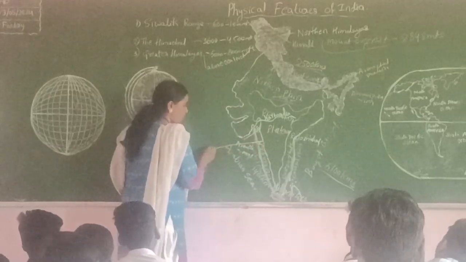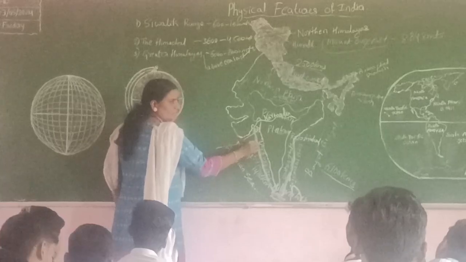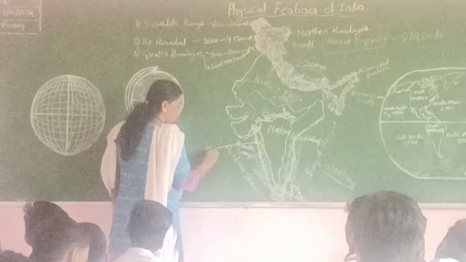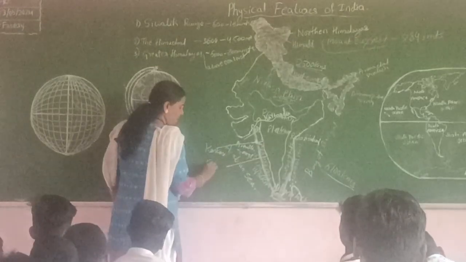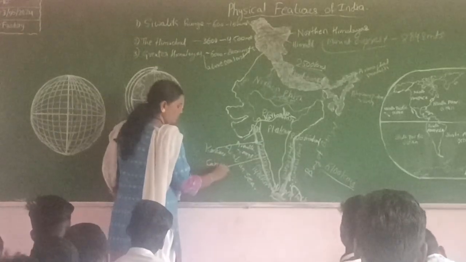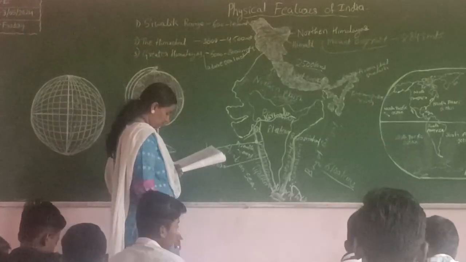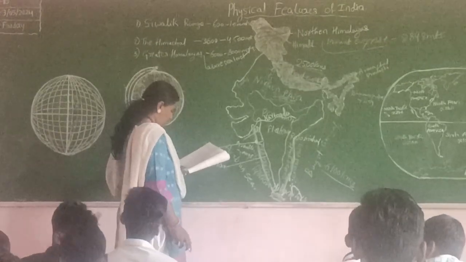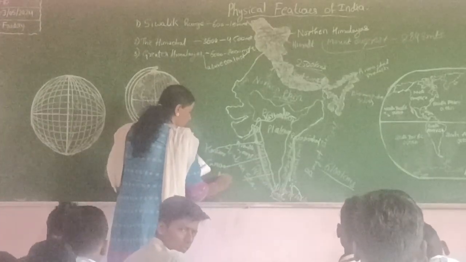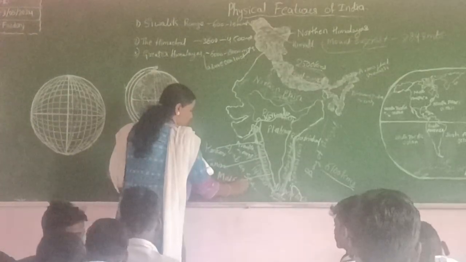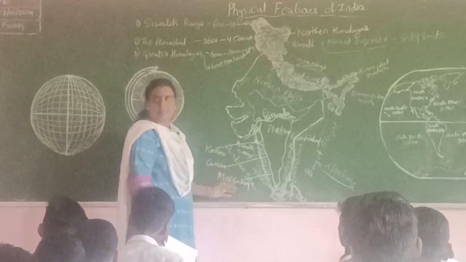Here comes Goa, this side, Goa beach. Goa is called Konkan. Karnataka beach is called Canara. And Kerala is the Malabar coast. Konkan, Canara, Malabar coast.